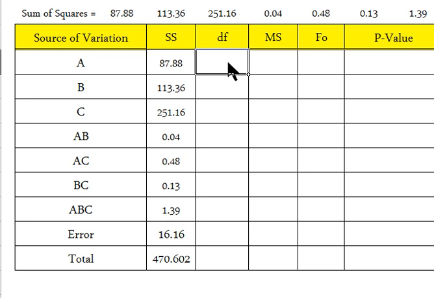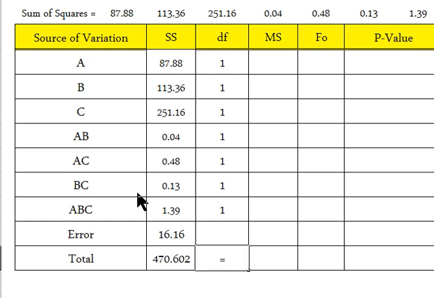Degrees of freedom. Degrees of freedom for any of the factors, since there are two levels, 2 minus 1 is 1. So each and every one of the main factors and interaction factors will have a degree of freedom of 1. Now, for the total degrees of freedom, there were 8 runs and 4 replicates each, which is 32 elements.